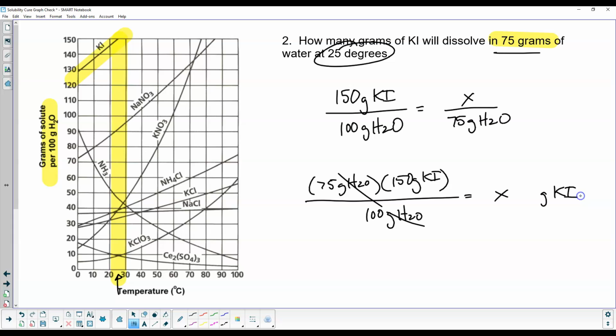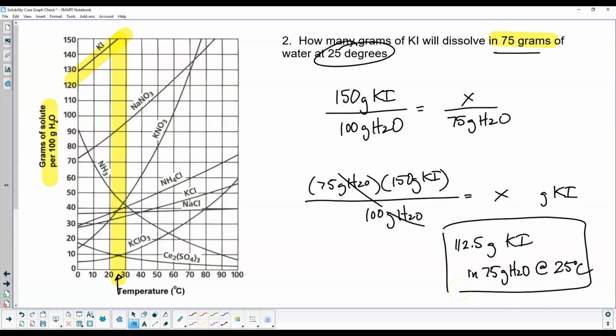Now all you have to do is solve for X. You take 75 times 150 and divide by 100. When you do so, you end up with 112.5 grams of potassium iodide in 75 grams of water at 25 degrees Celsius. So not that hard, it's just setting up a proportion.